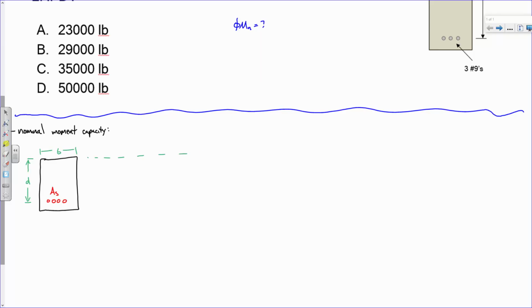Well, first off, I have the strain profile, right? And what do I assume with the strain? I assume that plane sections remain plane, so that means that my strain profile is linear. So it goes maybe something like that. That's good enough.